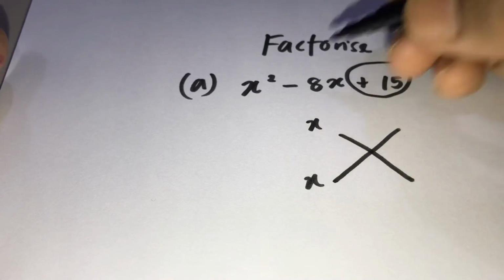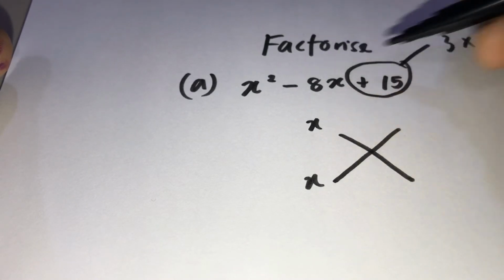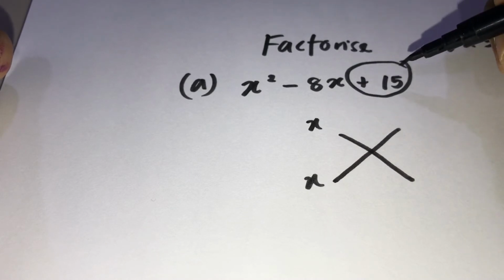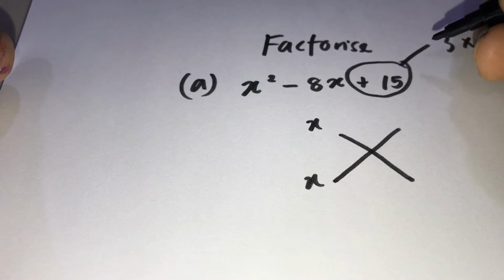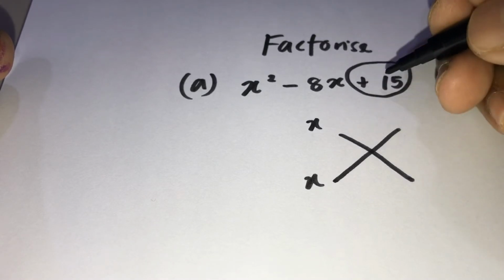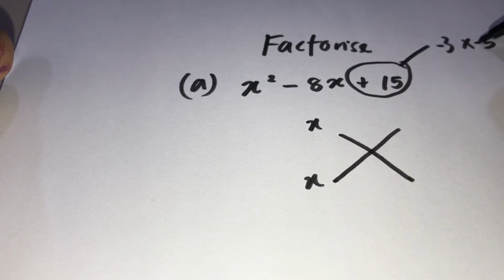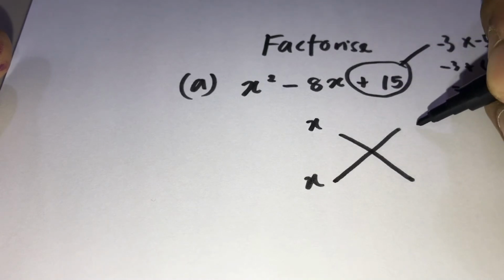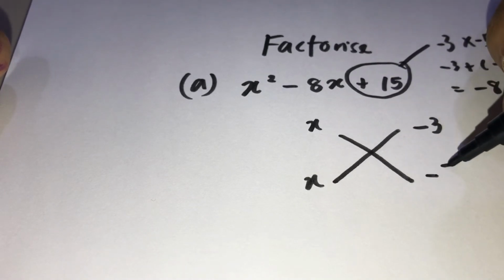But here negative, here positive. So you know that negative times negative becomes positive value. So both values you put negative. Negative 3 times negative 5, positive 15. But when you plus negative 3 plus negative 5, you get negative 8. So here negative 8, yes, correct. Negative 3 and negative 5.